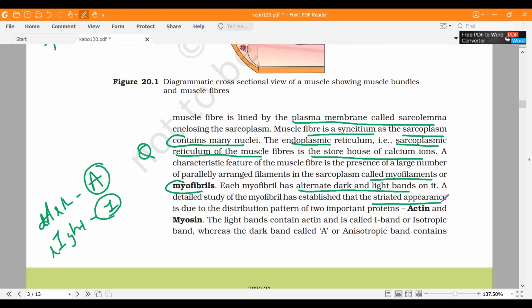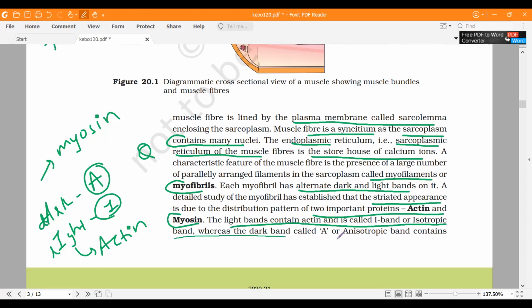The dark band is made up of myosin protein, while the light band is made up of actin protein. These two are important proteins. Light bands contain actin and are called I band, or isotropic, and the dark band is anisotropic. Remember, the A term stands for anisotropic, while the I term stands for isotropic.